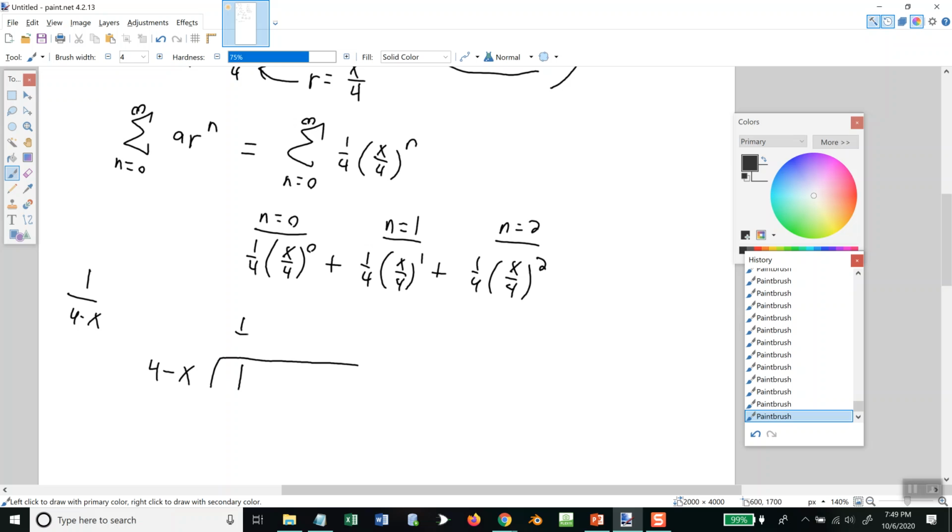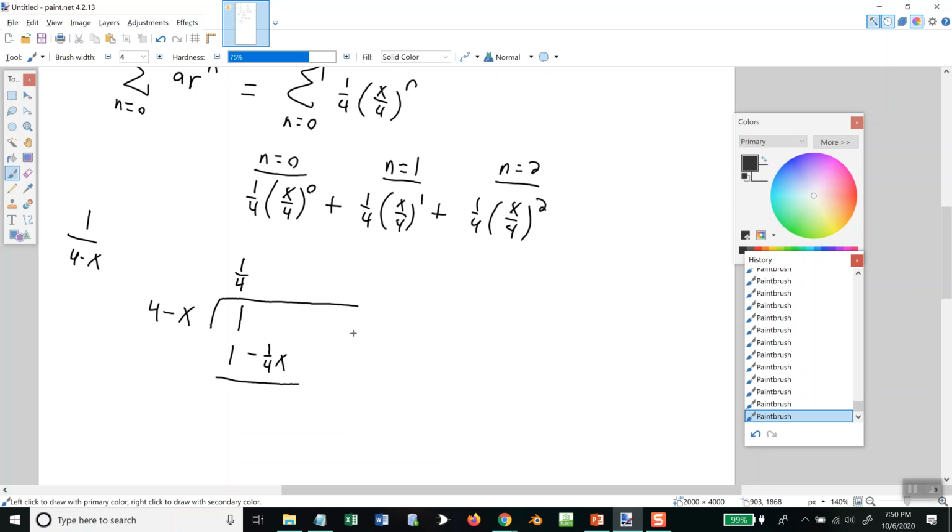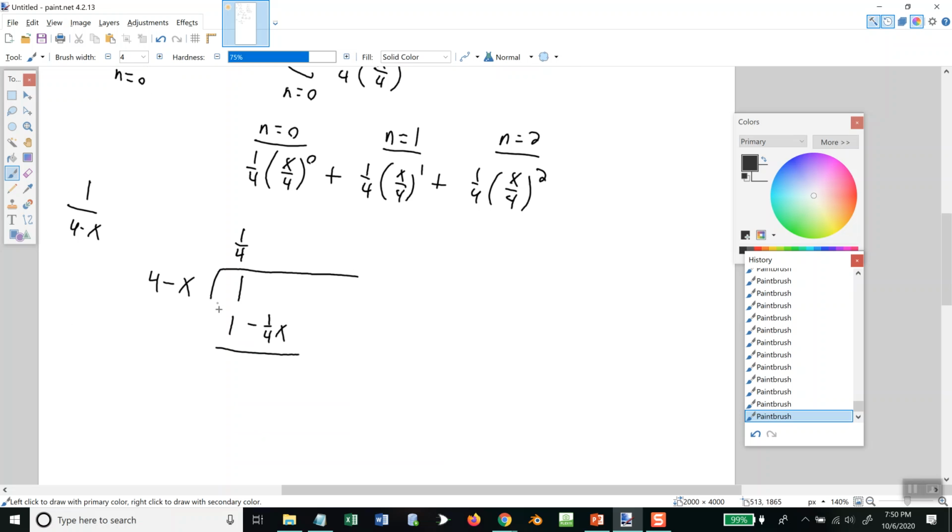That would give us 1/4, right? 1/4 times 4 is 1. 1/4 times negative x is negative 1/4 x. If I subtract that line, that flips signs, so it becomes positive 1/4 x.